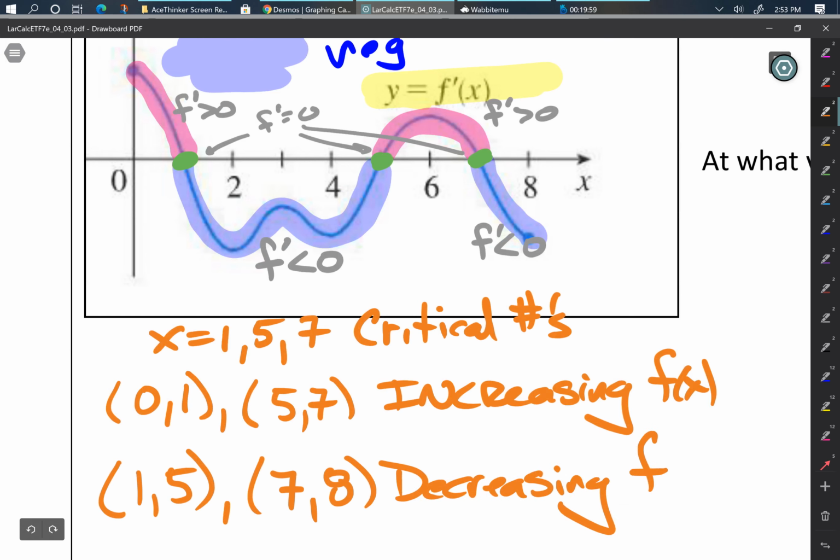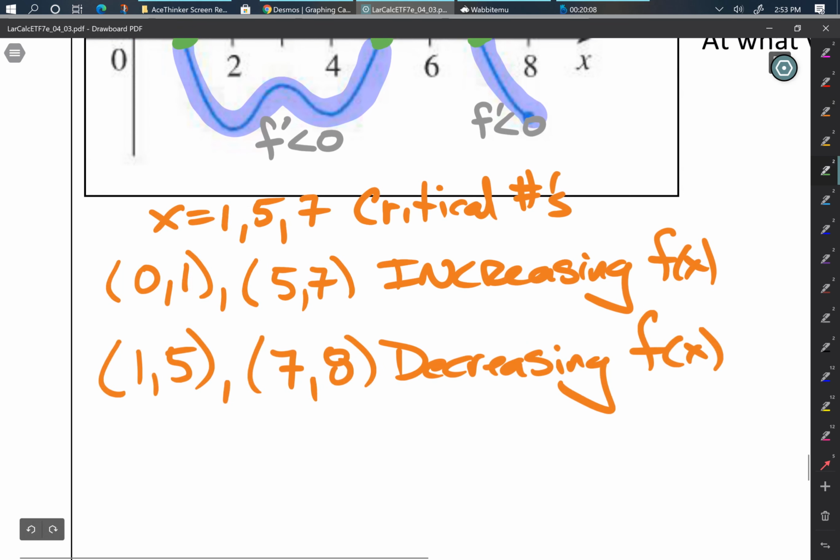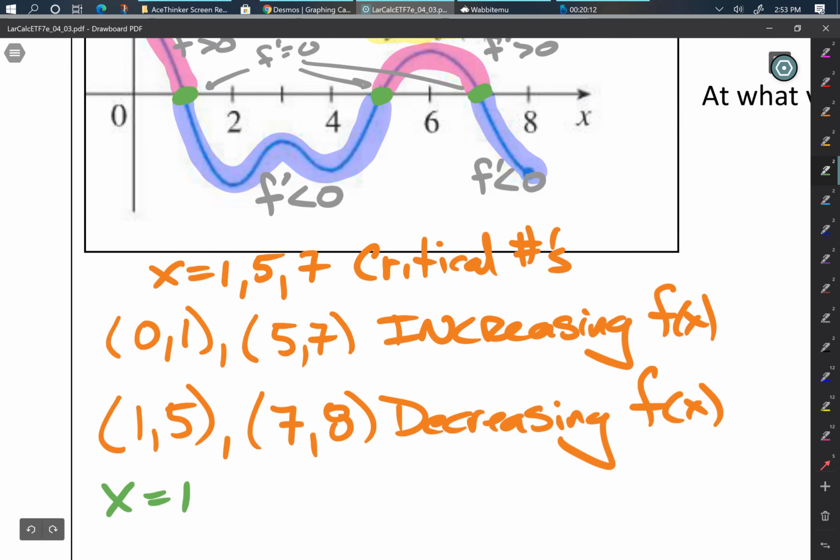It looks like we have a decreasing f of x on that interval, right? And then what's happening when x is 1? Well, to the left of 1, the function is increasing. To the right of 1, it's decreasing. It looks like we have a maximum of some sort there.